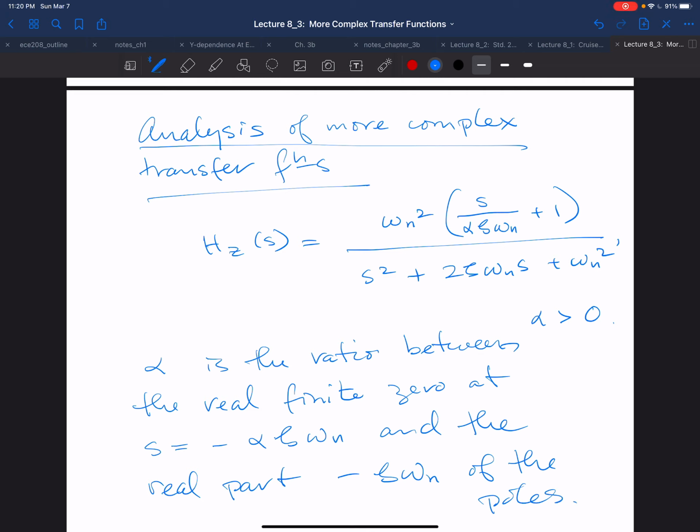So in other words, our zero is alpha times as far from the imaginary axis as are the poles.